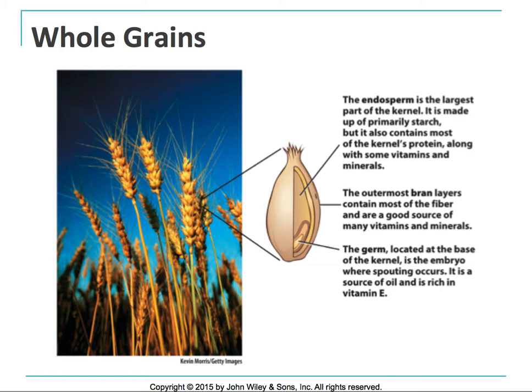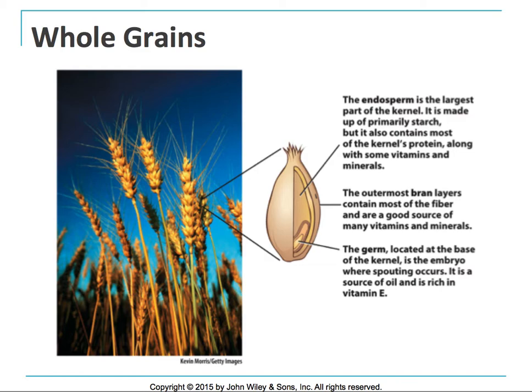As you move into the grain, we have the endosperm, and you can see the arrow pointing to that at the top. So the endosperm is the largest part of the kernel. It's made up primarily of starch, but it also contains most of the kernel's protein, along with some vitamins and minerals. Then, all the way on the bottom, is the germ.